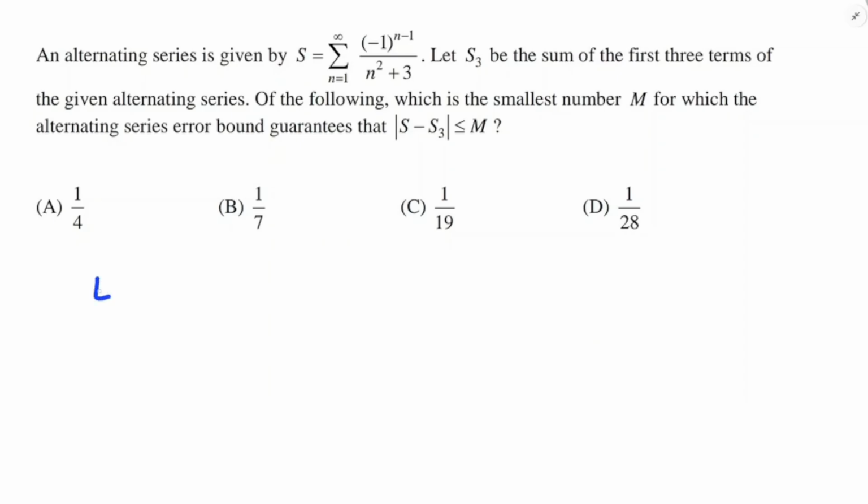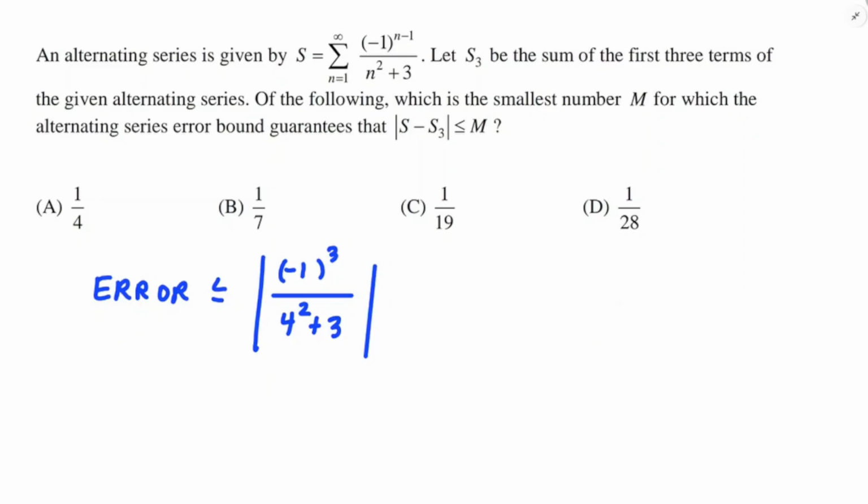So we're going to say our error is less than or equal to the absolute value of the n equals 4 term. So (-1)^(4-1) divided by 4 squared plus 3, so that would be negative 1 over 19, so I'm going to take the absolute value of that and get 1 over 19 and have myself an answer.